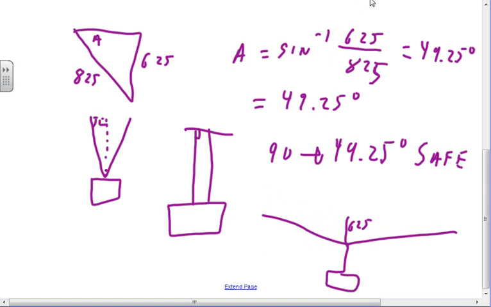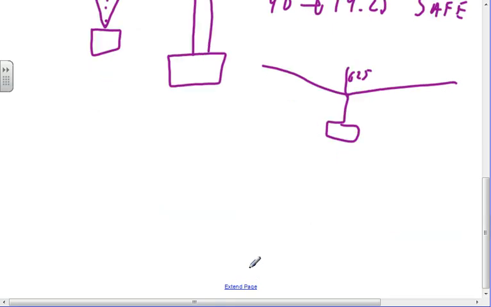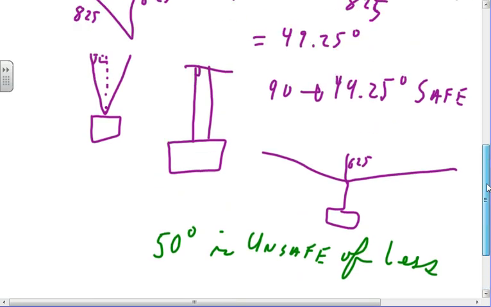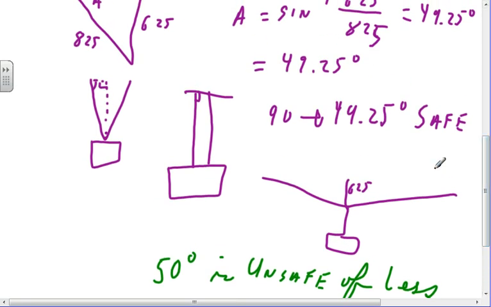All right, so to quote a famous American, we'll go with 50 degrees. 50 degrees is unsafe or less. And that way we don't run into a significant digit problem.